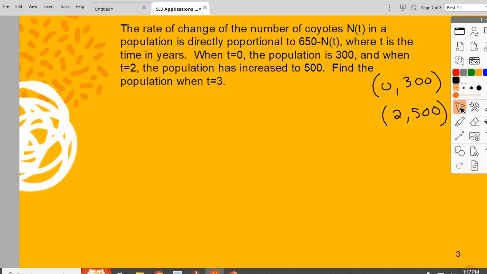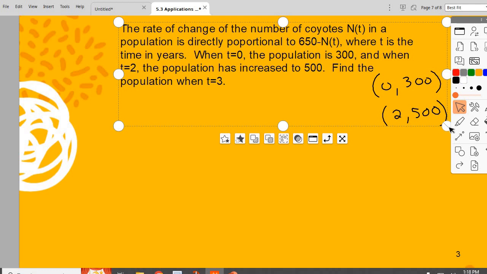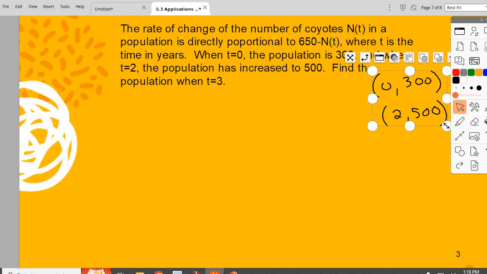Remember that our growth model said that the rate of change was directly proportional to what?